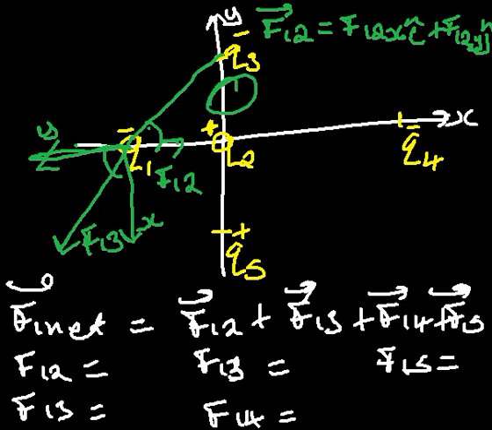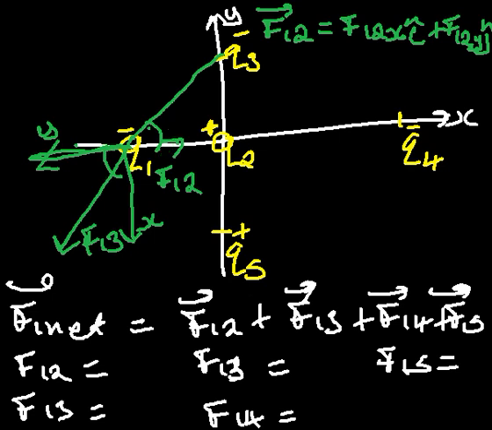The distance used to find F13 is the separation distance between charge 3 and charge 1. In case it is not given, you can calculate it using Pythagoras theorem if you have this as well as this. But this angle can be calculated using the trigonometric ratios, and it is the same as this angle. Vertical opposite angles are the same.